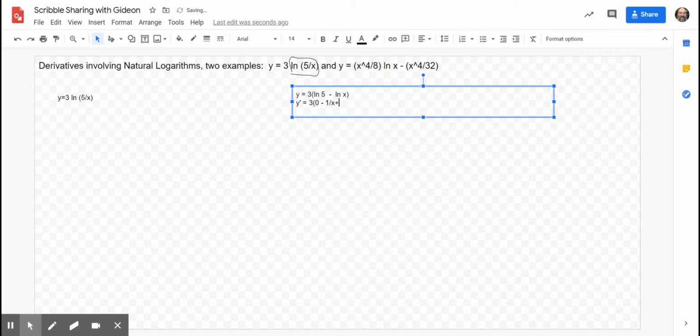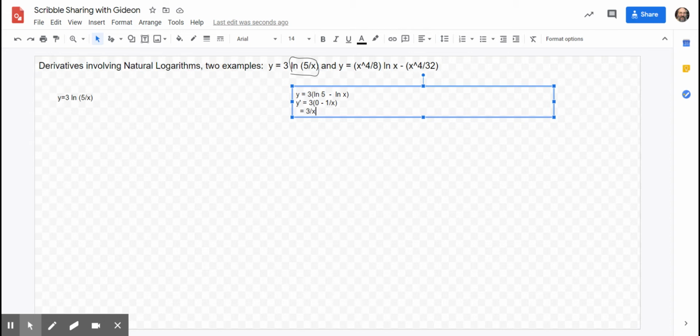So this very quickly simplifies to 3 over x. And that's it. Applying the logarithm first got you an easy derivative of two terms, one of which disappeared.